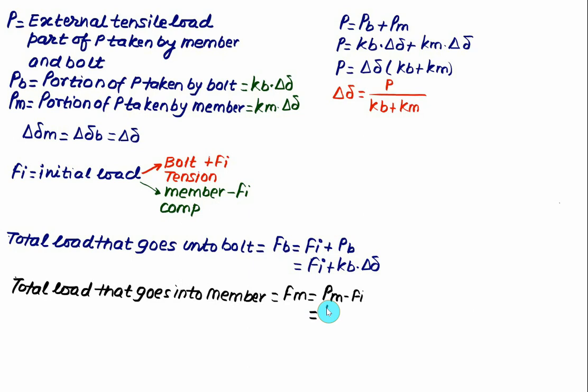So we have Km multiplied by del delta minus Fi, and del delta you have to calculate as P upon Kb plus Km. So remember this equation, that is total deflection will be equal to P divided by Kb plus Km. Fb will be equal to Fi plus Pb. Pb will be same as Kb into del delta, and Fm will be equal to Pm minus Fi.